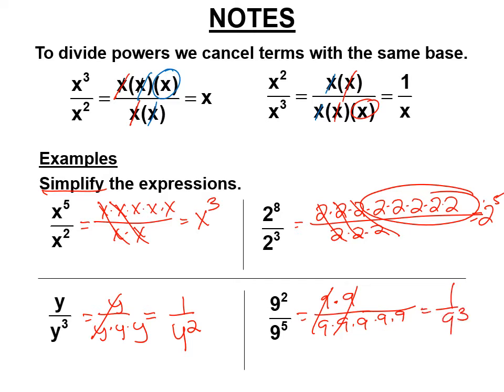Okay. Now, hopefully you're seeing maybe a shortcut here, right? When we were multiplying powers, we added the exponents. Here we are subtracting the exponents, right? 8 minus 3 is 5, 5 minus 2 is 3. But there is a problem with that shortcut on the bottom ones. Look, you have 1 minus 3, right?